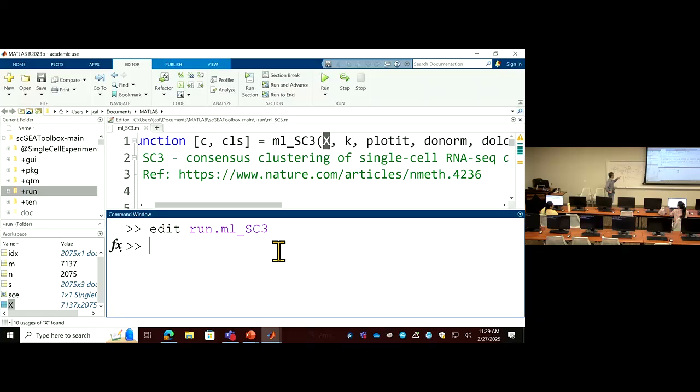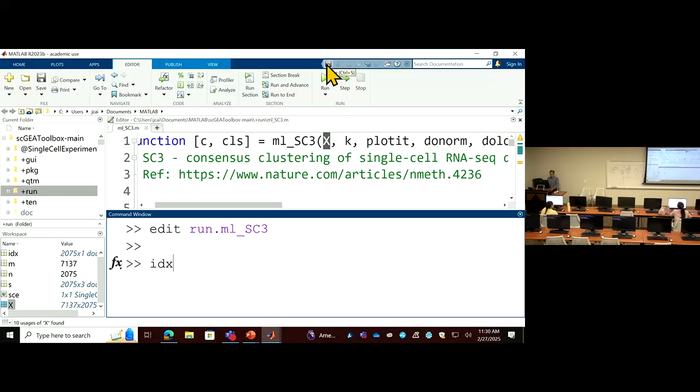Clustering algorithm directly from the expression matrix. So we don't have to go through to get embedding of the cell and give it to the cluster. No, we will do this directly. Then the next parameter you need to have is the K. K is the number of clusters you want to get.